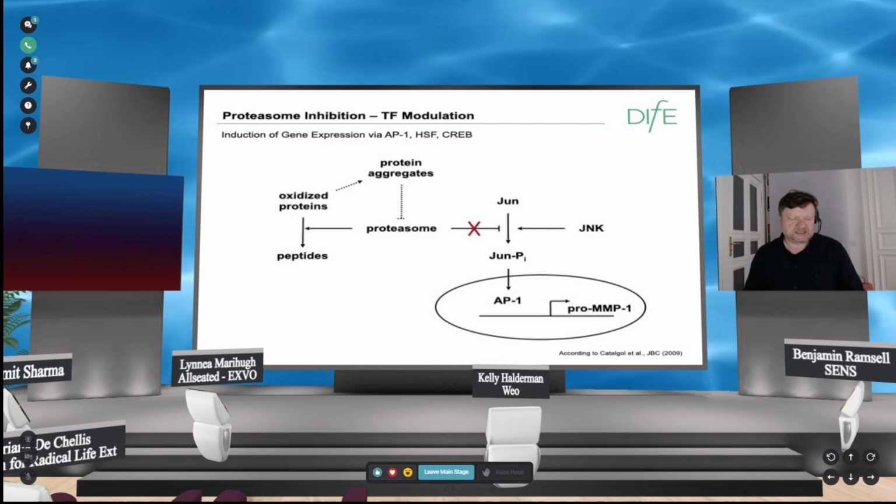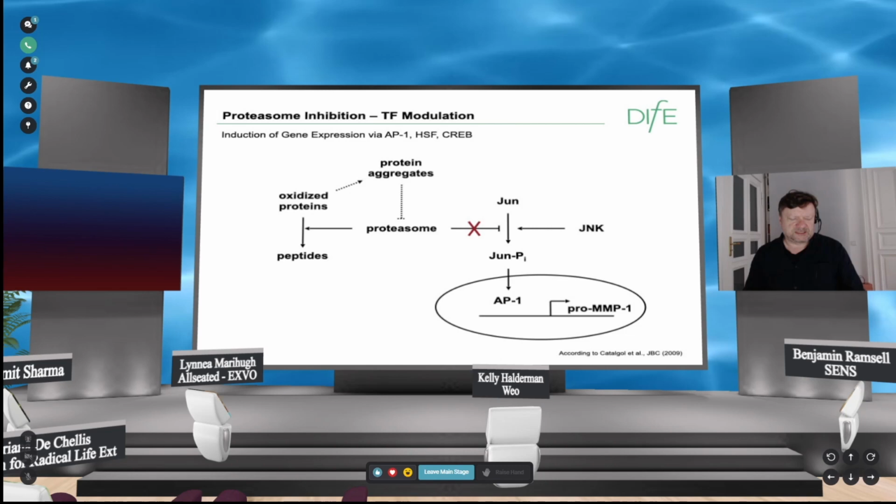On the other hand, we should not forget that the proteasome is also degrading a lot of regulatory proteins. One of them, in this example, is the Jun protein, and everyone probably knows the cascade: Jun is phosphorylated by JNK. Then you have the phosphorylated Jun, and phosphorylated Jun is part of the AP1 transcription factor. And the AP1 transcription factor is expressing the matrix metalloproteinase 1, an important enzyme in the skin, for example, or in the connective tissue.